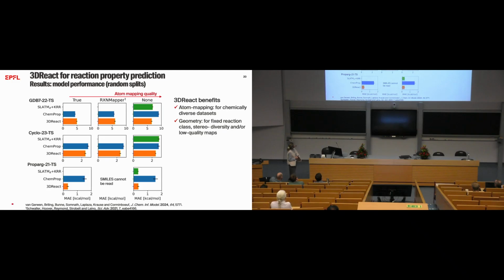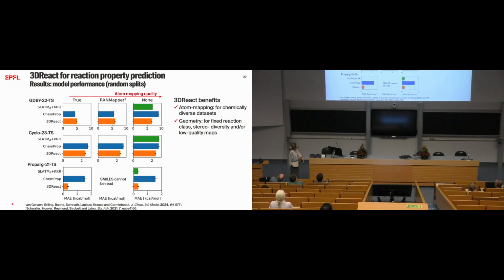So what you see here is that, again, this GDB is challenging. Chemically, it's not very challenging, but to learn well with a physics-based ML model it was. You see that with the atom mapping, 3D React, which is our neural network, here the invariant model by the way, can finally match something like ChemProp without losing the accuracy in the propargyl test set that really requires this stereochemistry.